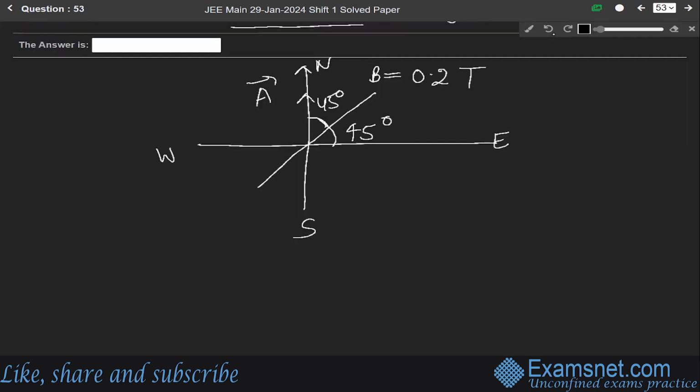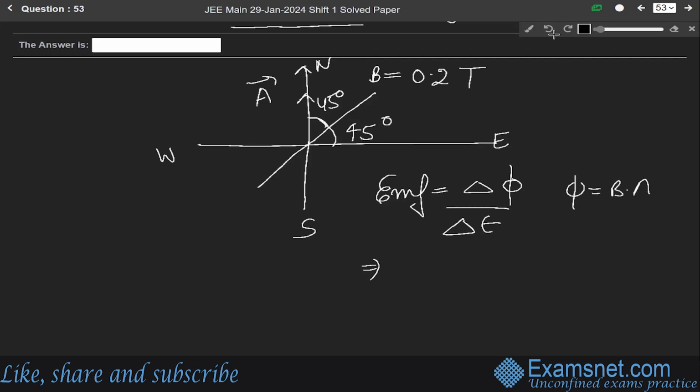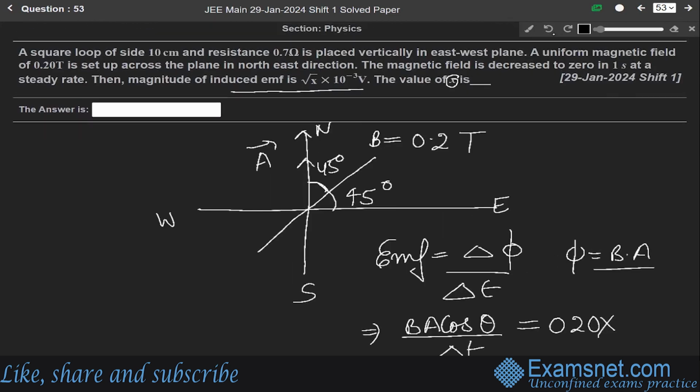Now, we have to find the value of EMF. EMF is equal to change in flux over change in time. So it will be equal to, since flux phi is equal to B dot A, B dot A means BA cos theta, over delta t. Okay. B dot A, 0.20 into A. A is what? Area.